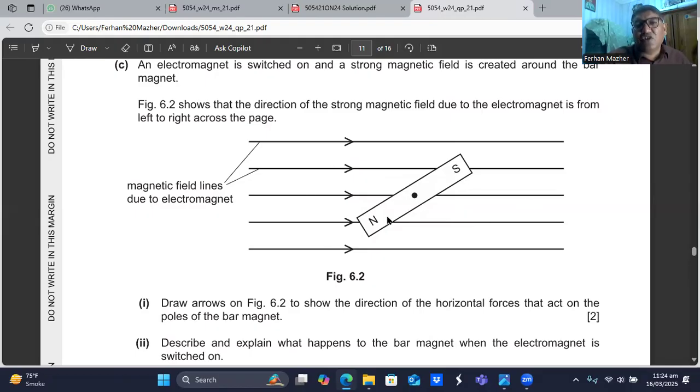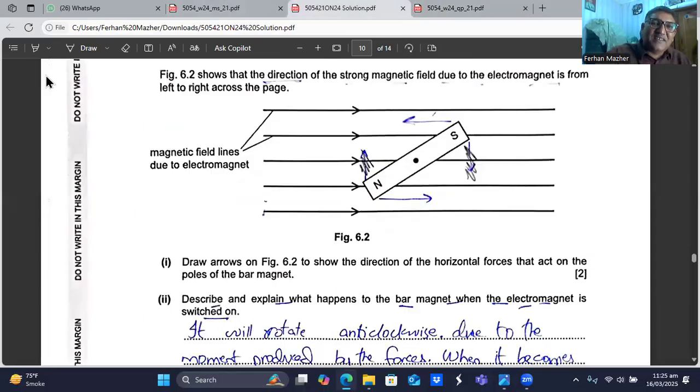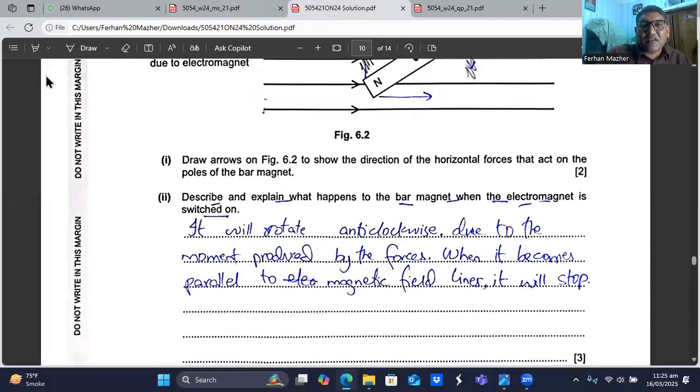And when this north will come here and this south will be here, then it will stop rotating. When the north and the south of the bar magnet are aligned with the magnetic lines, it will no more rotate. This is what I think.